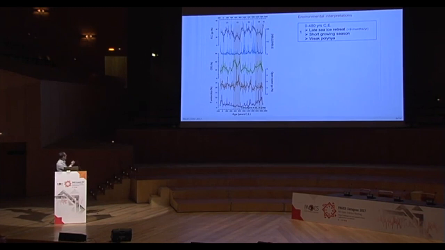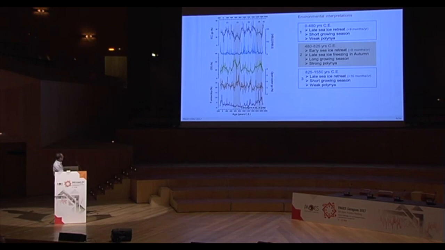The first period, from 0 to, let's say, 500 years CE, all the proxies argue for a late sea ice retreat, a very short growing season, and a weak polynya activity off Adelie Land. The second period, between, let's say, 500 and 800 CE, you've got an early sea ice retreat, late sea ice freezing in autumn, a very long growing season, and a strong polynya activity.